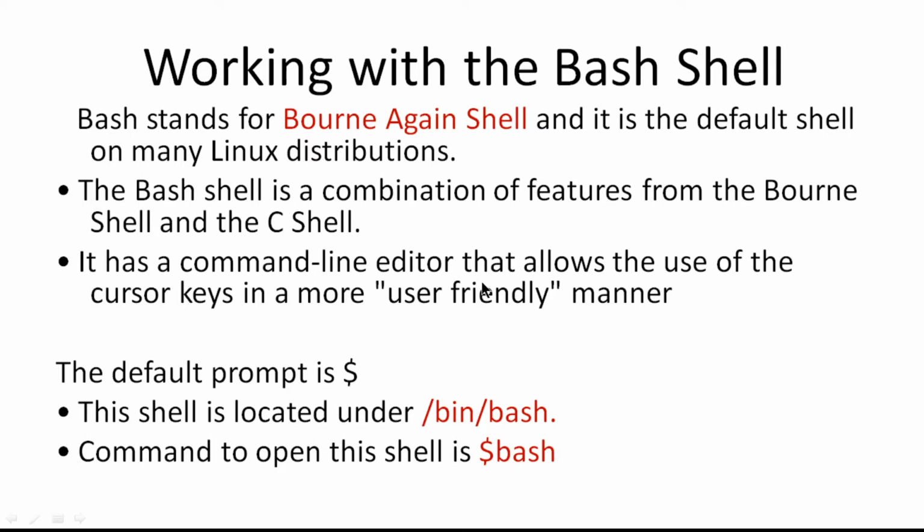It has a command line editor that allows the user to use the cursor keys. The default prompt is the $ sign. The shell is located in /bin/bash, and the command to open the shell is $bash.